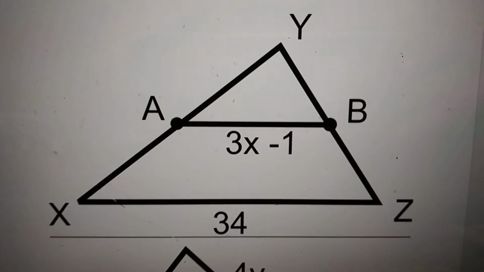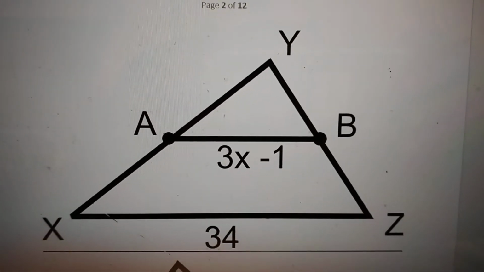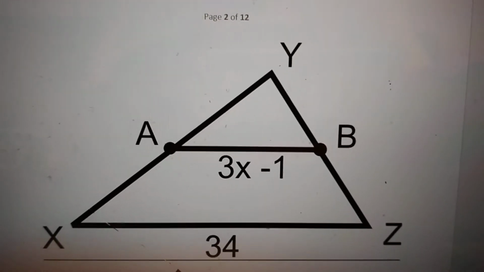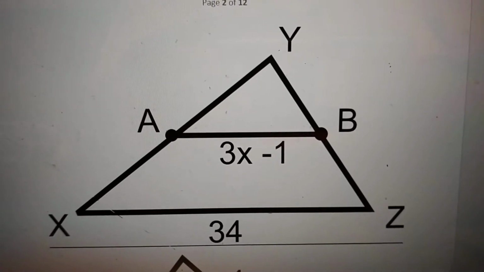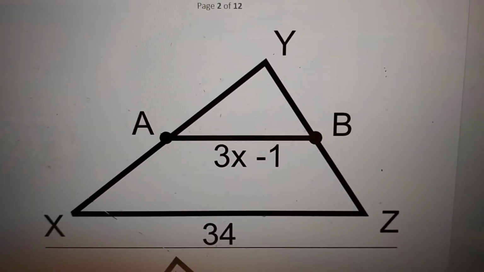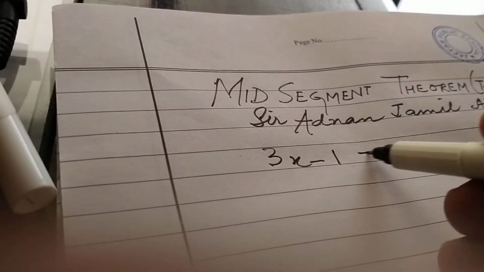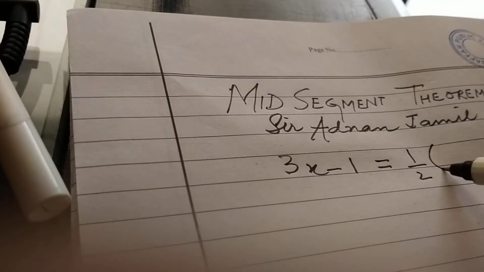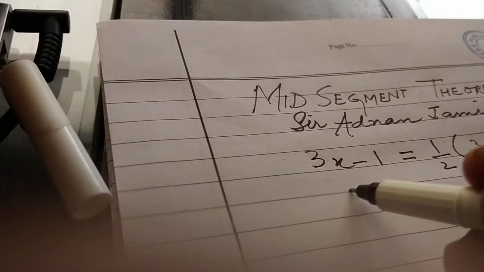So simply we apply the mid-segment theorem, which says that AB is half of the third side of the triangle, which is XZ, and these two sides are parallel as well. AB is parallel to XZ. So I'm going to write down over here: 3x minus 1 is half of the side 34, and solve this equation very simply.